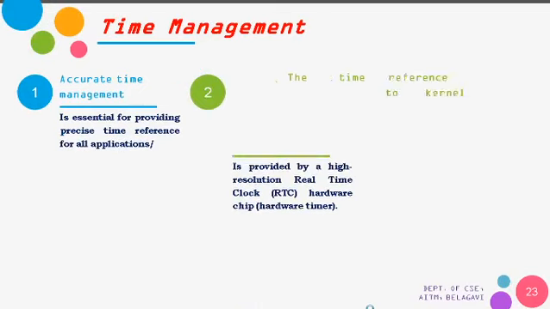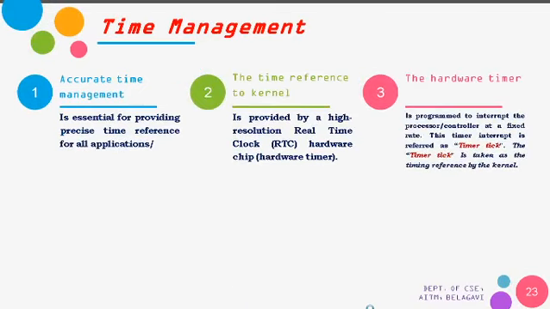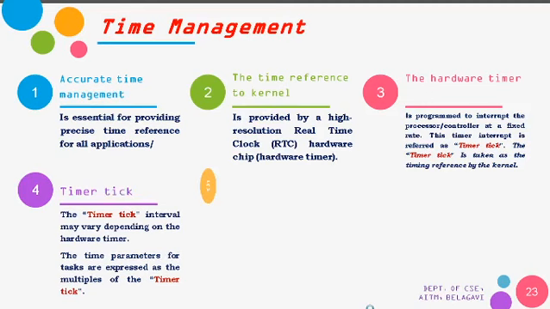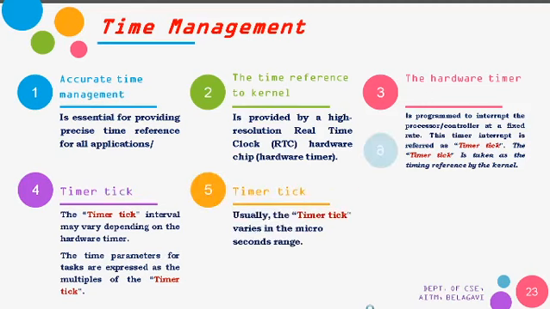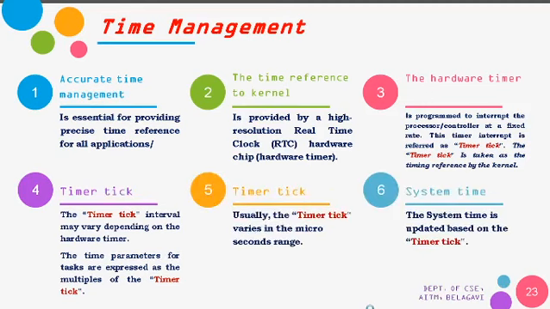Now going to time management. It deals with accurate time management and is essential for providing a precise time reference for all applications. The time reference to the kernel is provided by a high resolution real-time clock hardware chip. The hardware timer is programmed to interrupt the processor or controller at a fixed rate. This timer interrupt is referred to as a timer tick.